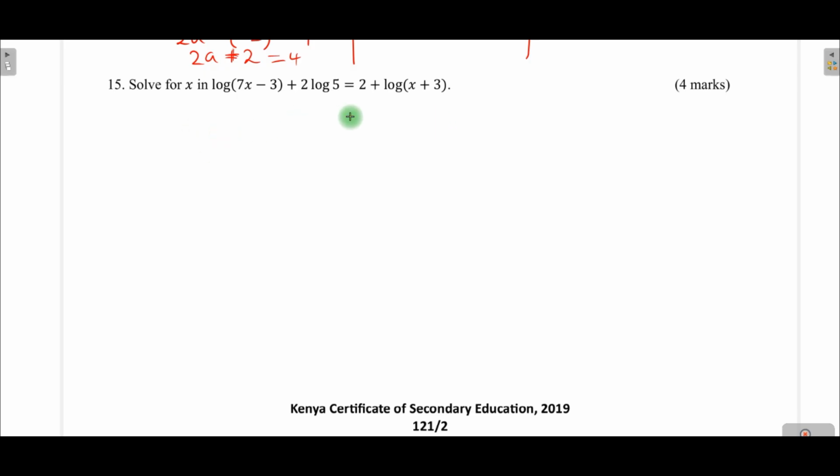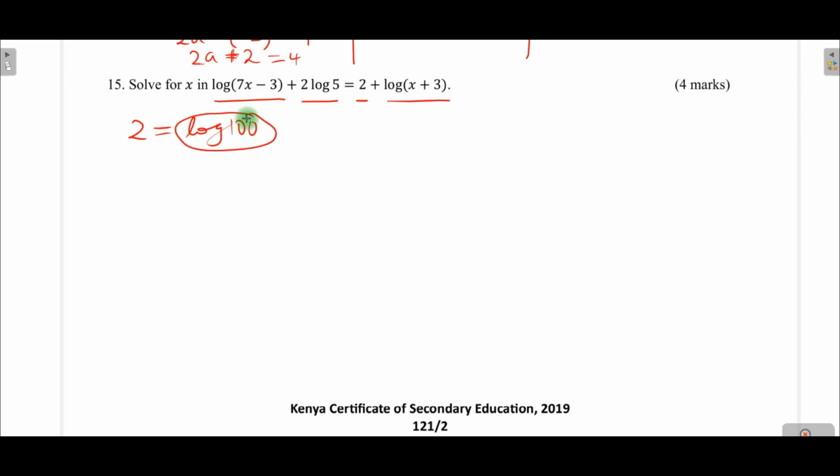So we are going to consider that these are log to base 10, and therefore we have log of 7x minus 3, then plus 2 log 5, is equal to 2, then plus log of x plus 3. One thing I want us to note is that this constant part, in terms of log to base 10, can be written as log of 100.